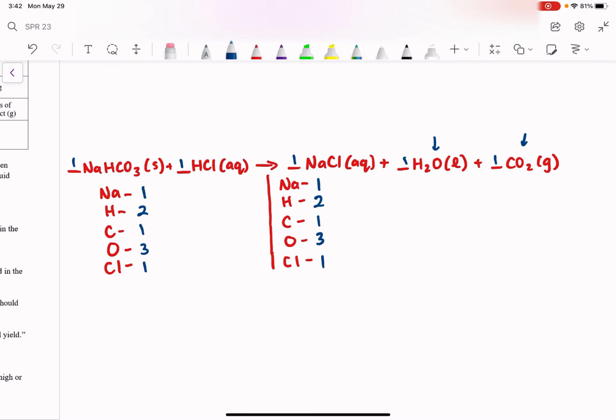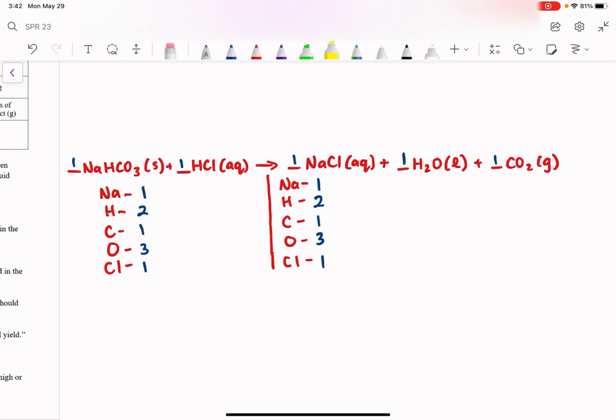It's just a 1-to-1-to-1 ratio. Okay, so what does this actually mean? Remember, in terms of mole-to-mole ratios, the coefficient in front of each of your chemicals is telling you how many moles of that chemical are reacting with how many moles of another chemical, or producing that many moles of your products.